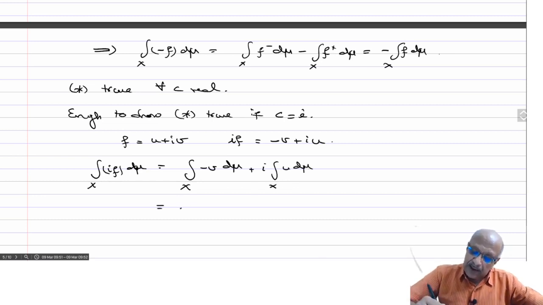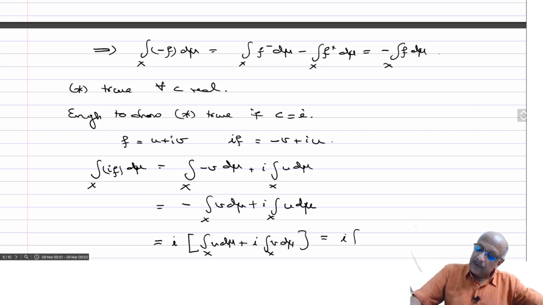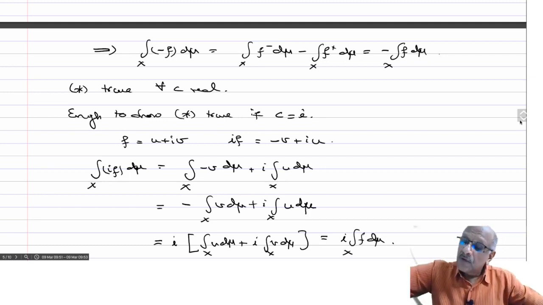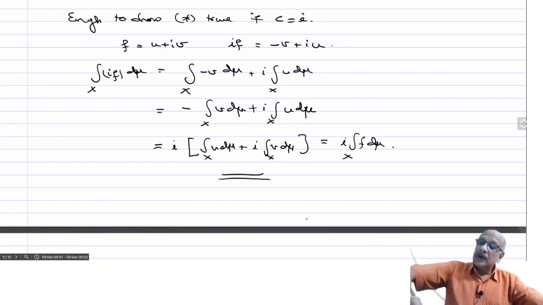And if I pull out the i, this can be written as i times, with i squared being minus 1, integral of u d mu plus i times integral of v d mu, which equals i times integral of f d mu. And therefore this proves it for all constants, and therefore the linearity is completely proved.